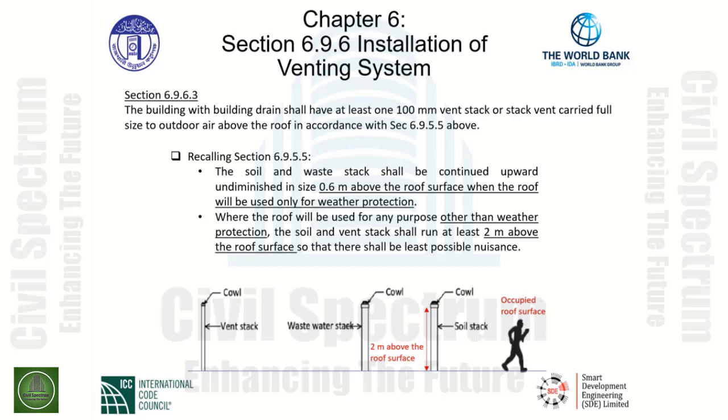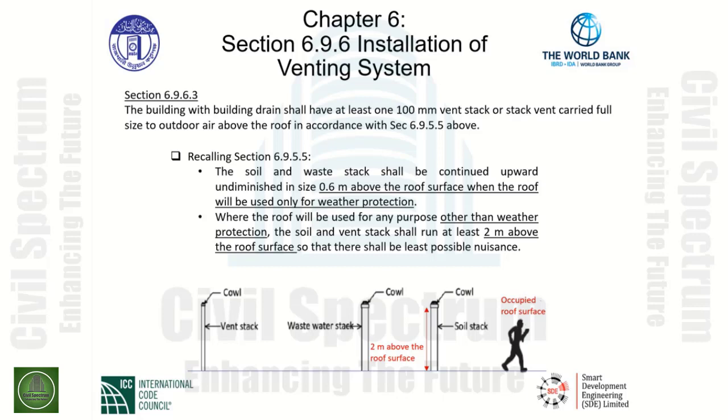And again, recalling what that section stated previously is the elevation that is a minimum needed for any soil and waste stack, even a vent stack or stack vent in this case, will have the minimum elevation of 0.6 meter above the roof surface when the roof is used for weather protection.